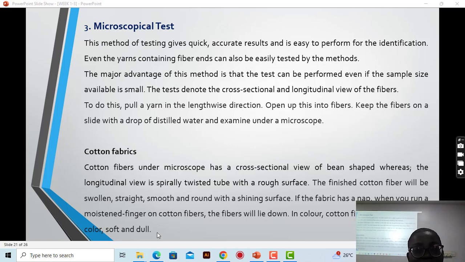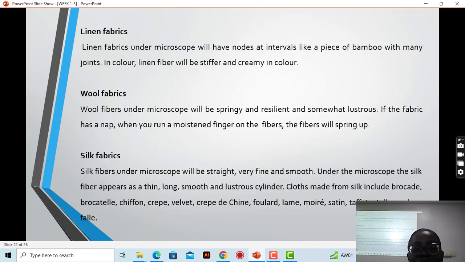All right. So that is for the cotton fabrics. Let's look at the linen fabrics under the microscope. They have knots at intervals like a piece of bamboo.